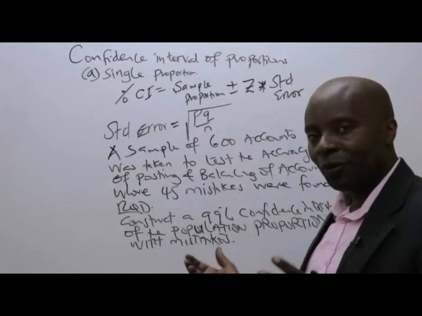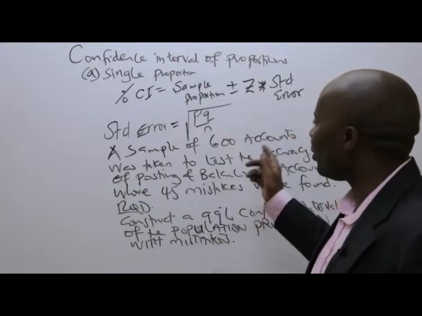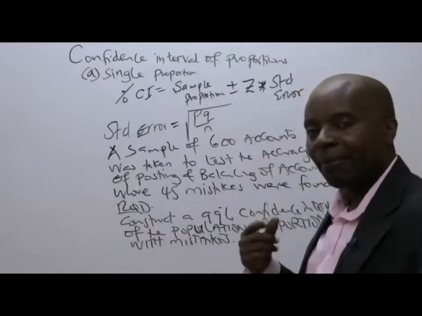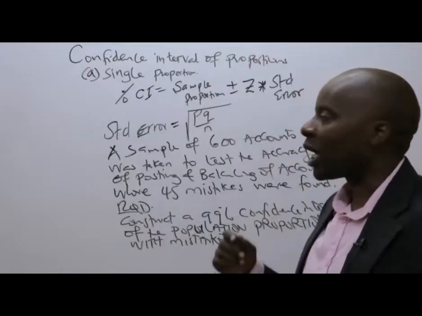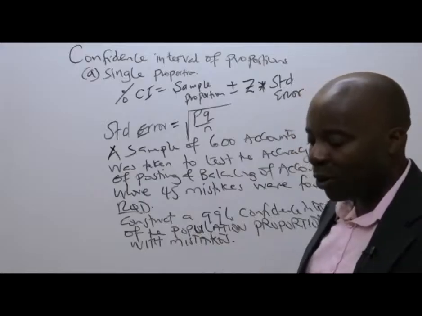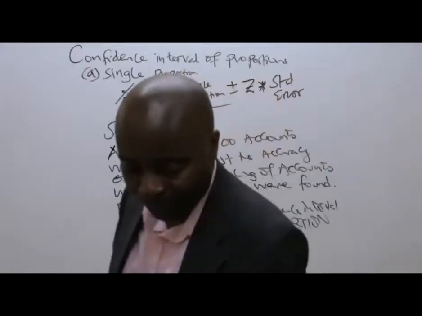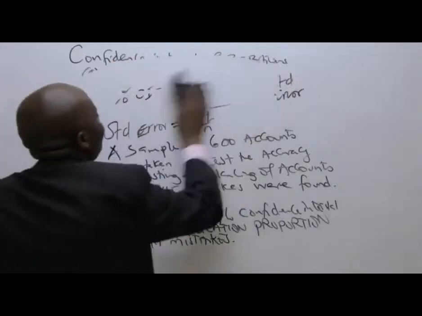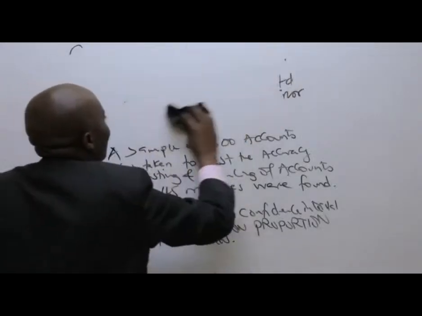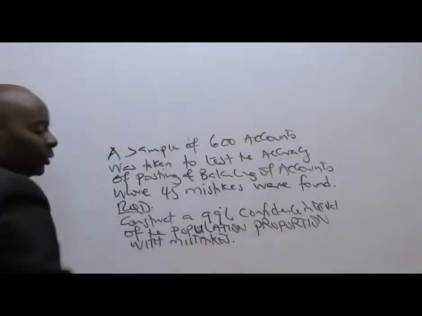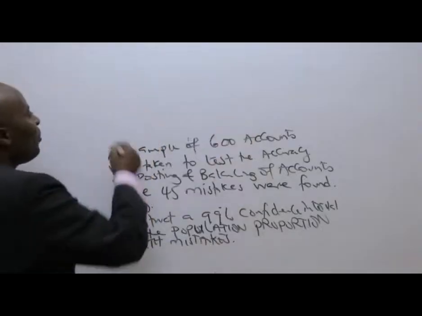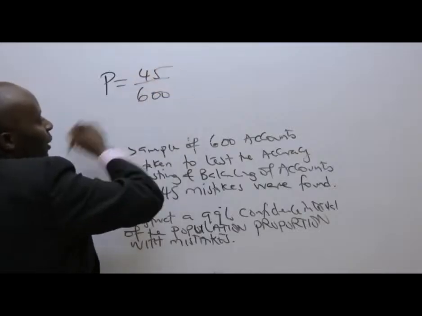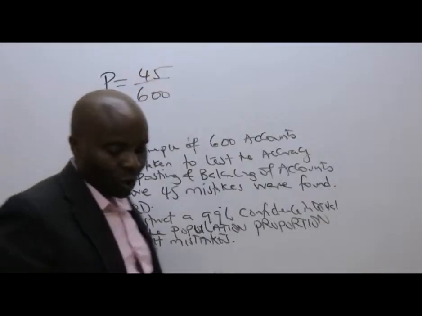And out of these 600 accounts, 45 of them have got mistakes. So give me the sample proportion with mistakes. The sample proportion here with mistakes will be 45 out of what? 600.